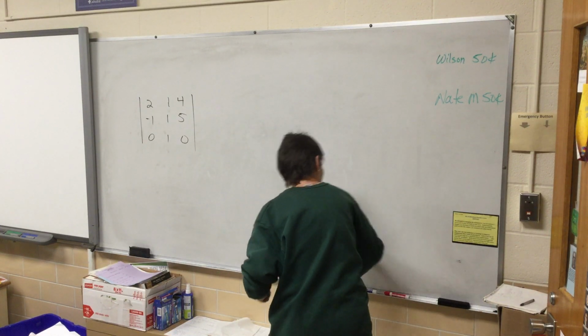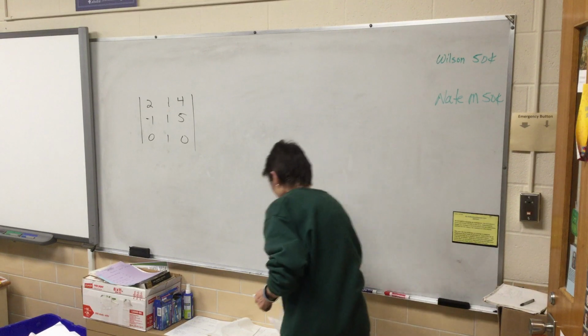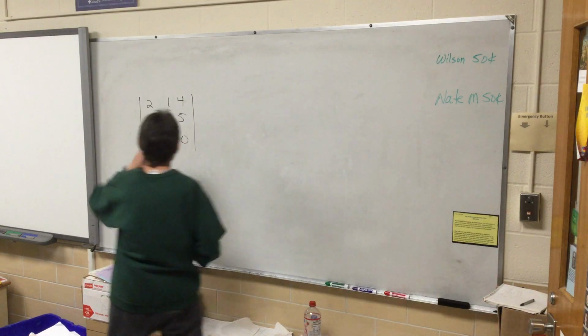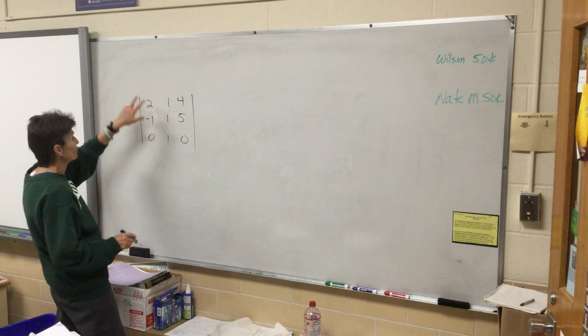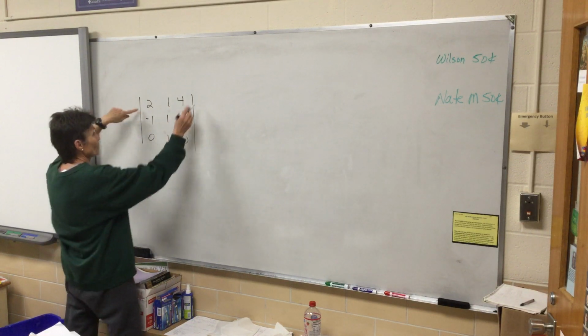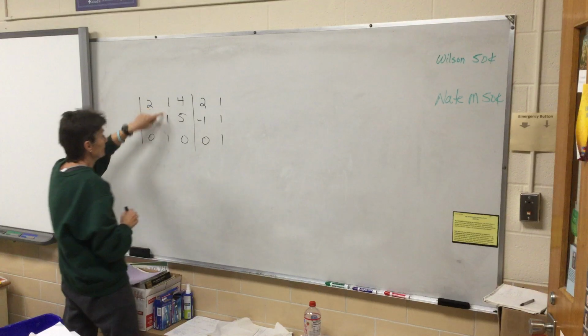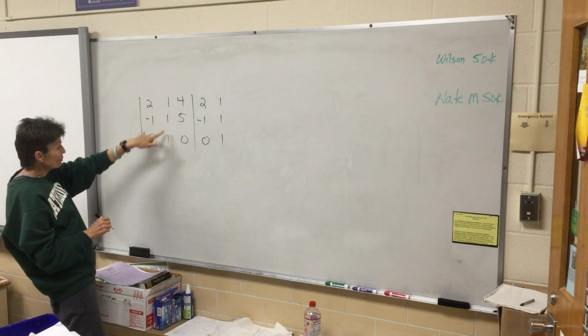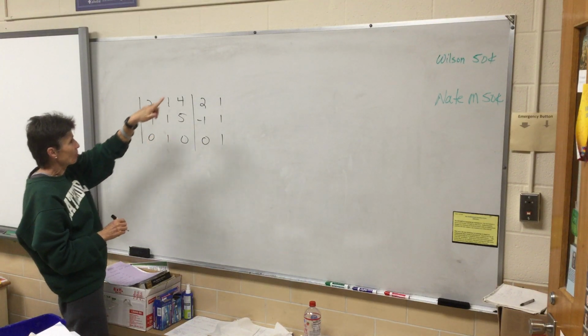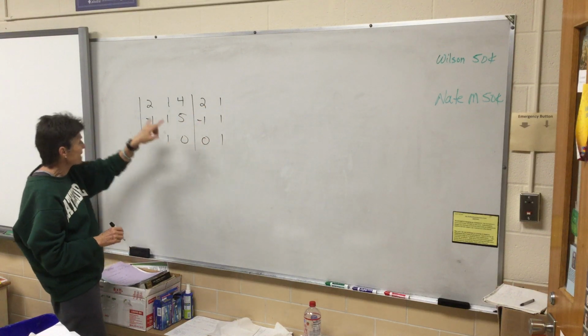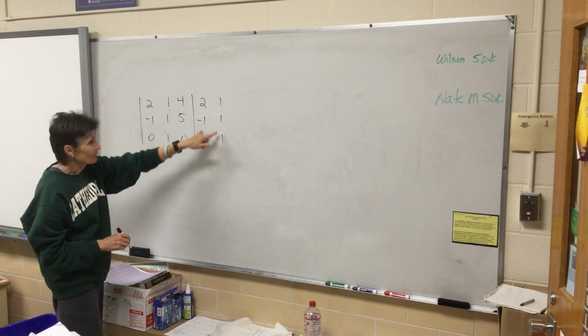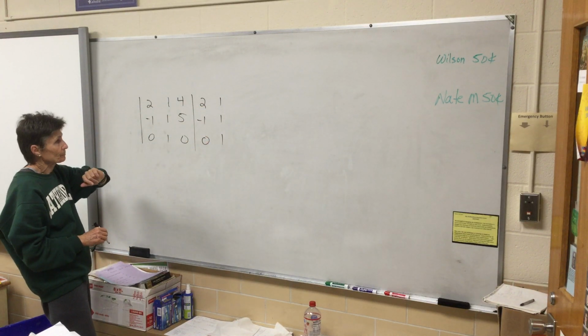Don't you copy the first 2 rows down first? They're columns, but you knew the right thing. These are columns, so we're going to copy 2, -1, 0, and 1, 1, 1. Notice that these are the 2 that I copy, and I just bring them over here and copy them in exactly that order. Don't mix them up.